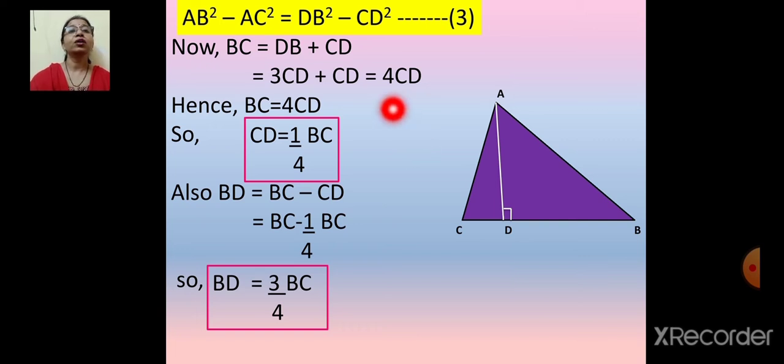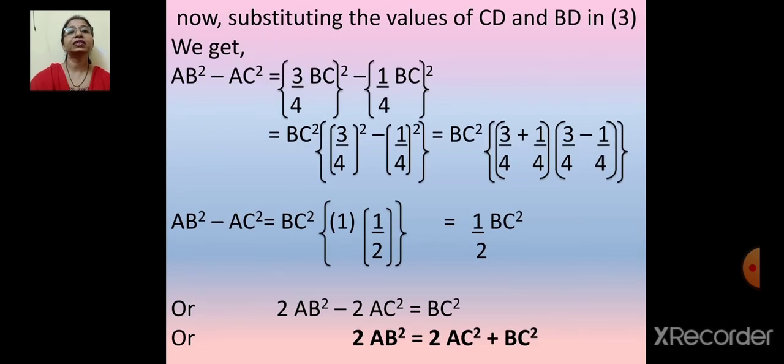Now we have got both the substitutions for DB square and for CD square. These two highlighted terms which are in the boxes, we are going to substitute in place of DB and CD. So your equation 3 reduces to this.